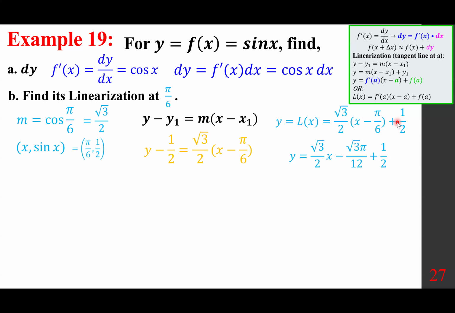And you keep it as an exact answer. So y, or L of x, is square root of 3 over 2 x minus square root of 3 times pi over 12 plus 1/2. So that's the answer, the linearization or the equation of a tangent line, everybody.